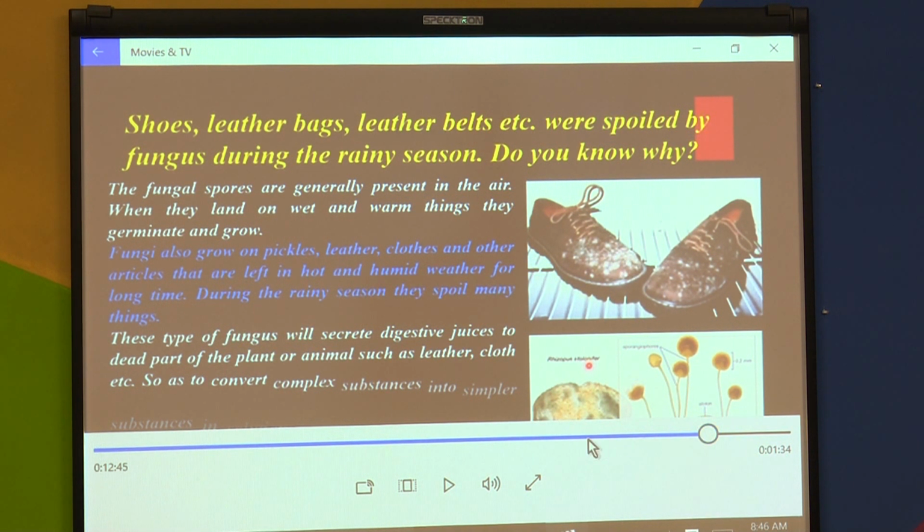This type of fungus secretes digestive juices onto the dead part of a plant or animal, such as leather, cloth, etc.